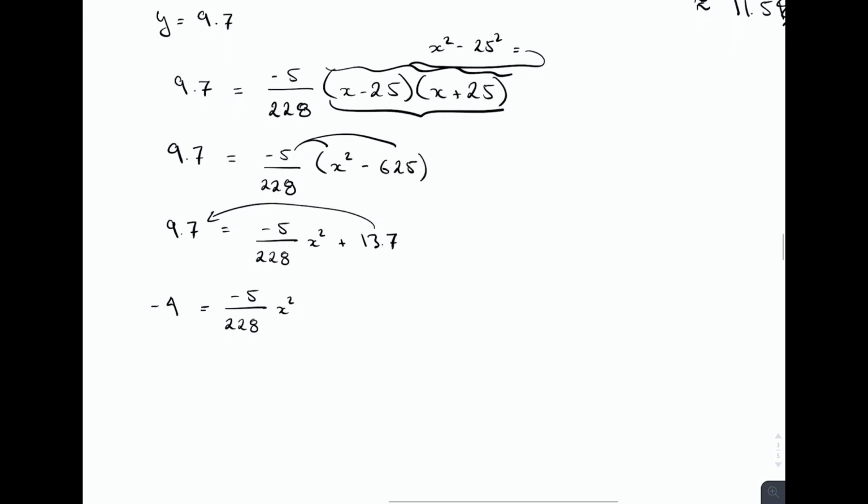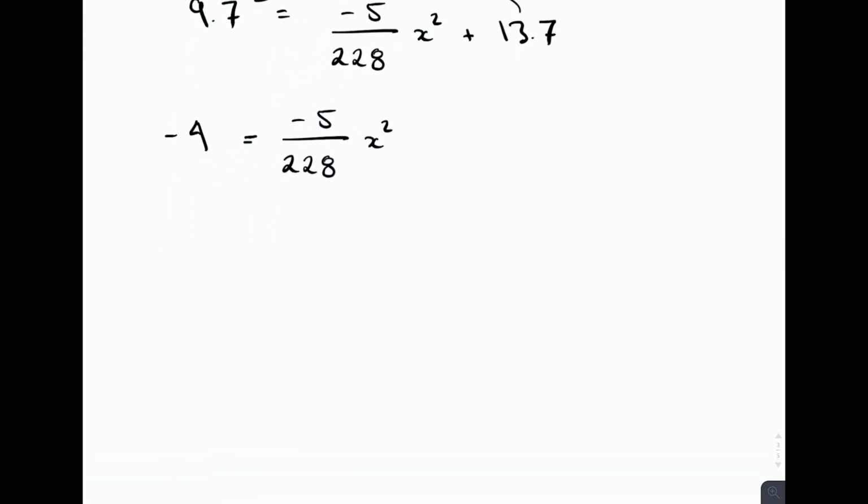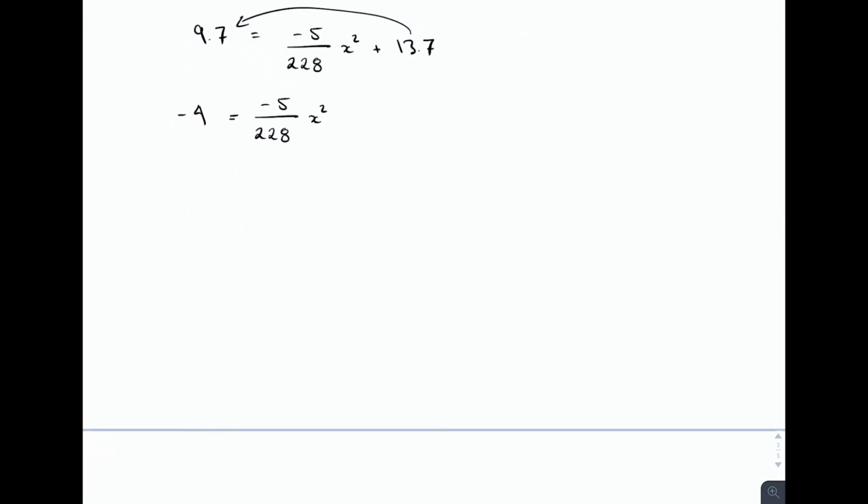And now I'm going to rid myself of this fraction by multiplying the left hand side by the reciprocal, and I end up with x squared times 4 divided by 5, 182.4 is going to give me my value for x squared.